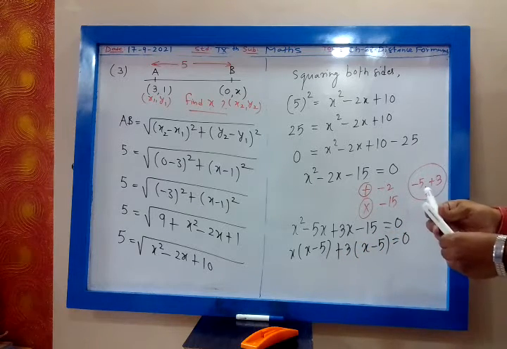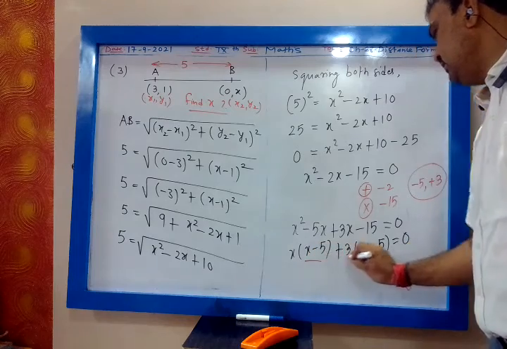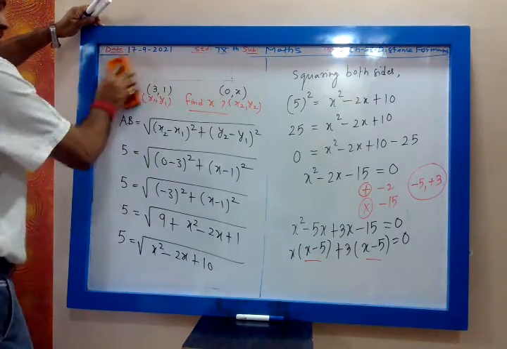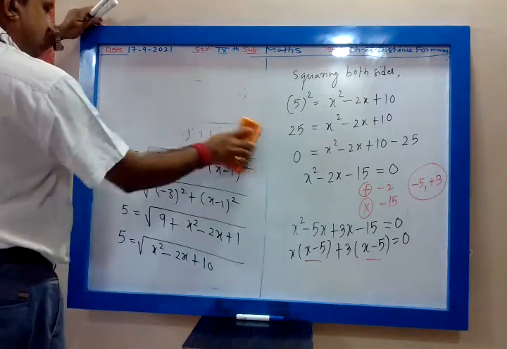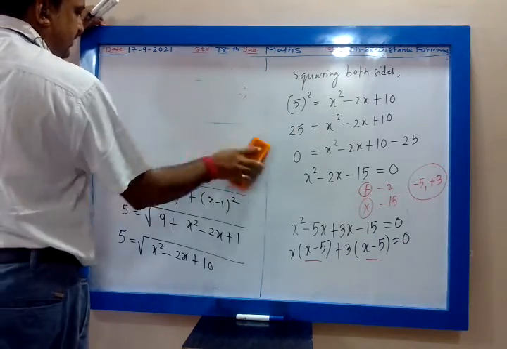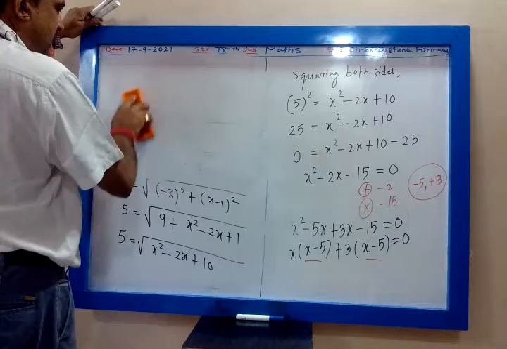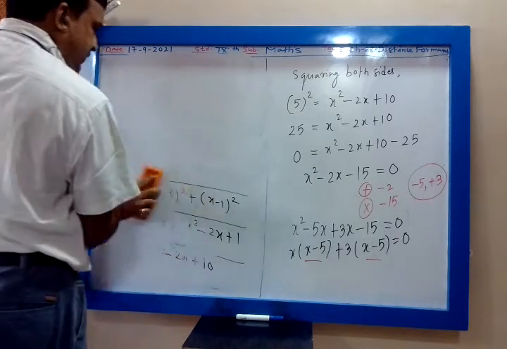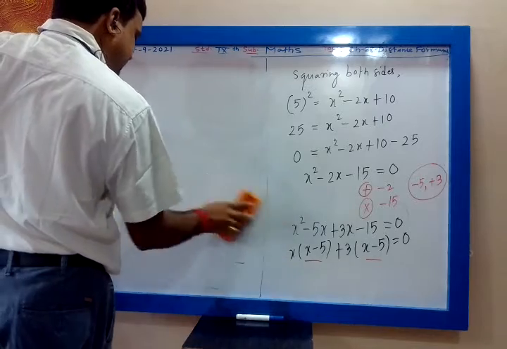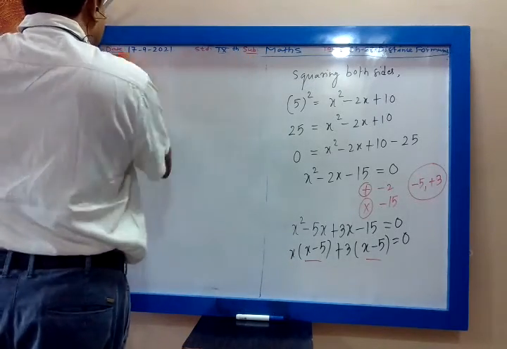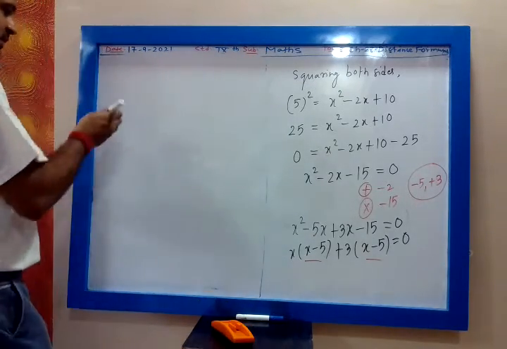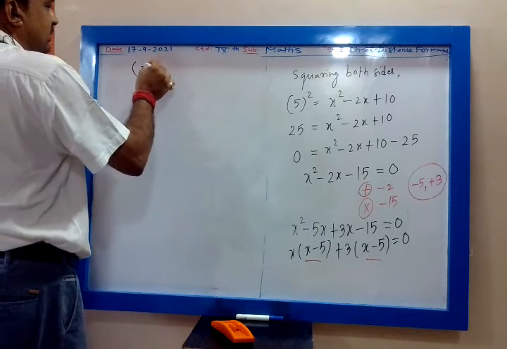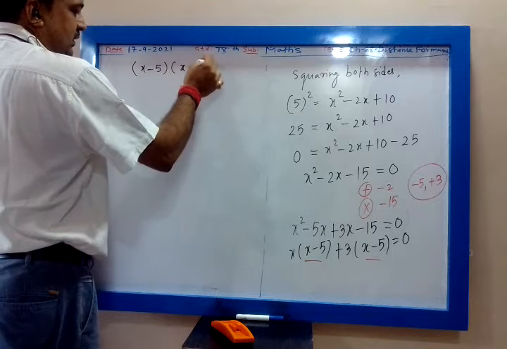x minus 5 is common. So that will be x minus 5 into x plus 3 is equal to 0.